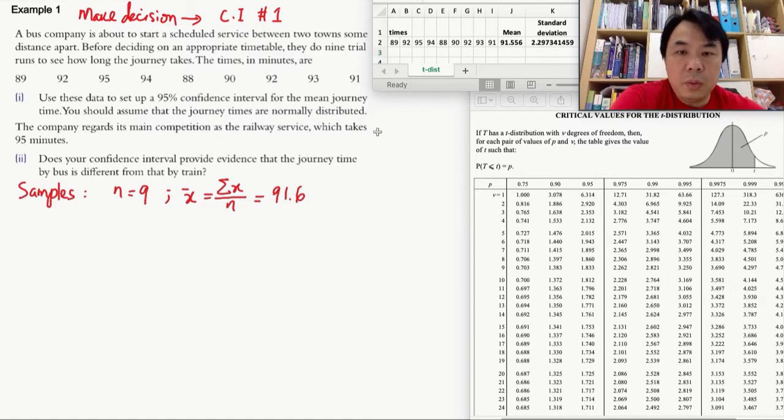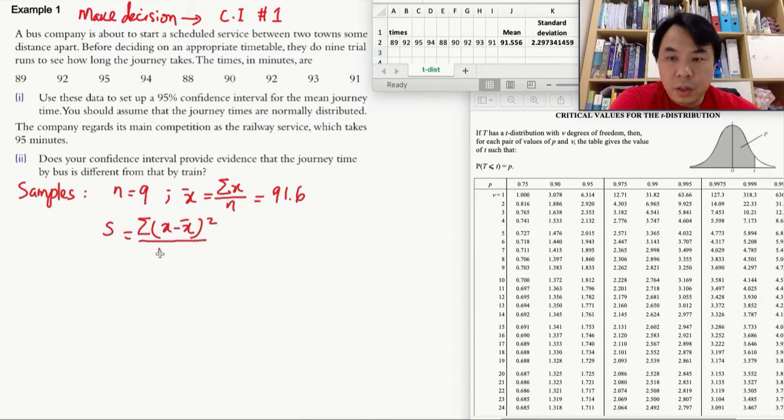Now, the second piece of information that we need is the sample standard deviation. The sample standard deviation is given by this definition here. Because this is a sample standard deviation, we are applying this unbiased estimator, which is divided by n minus 1.